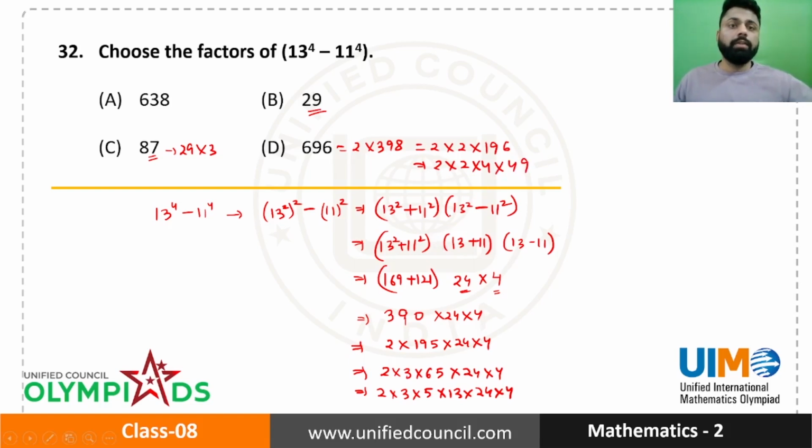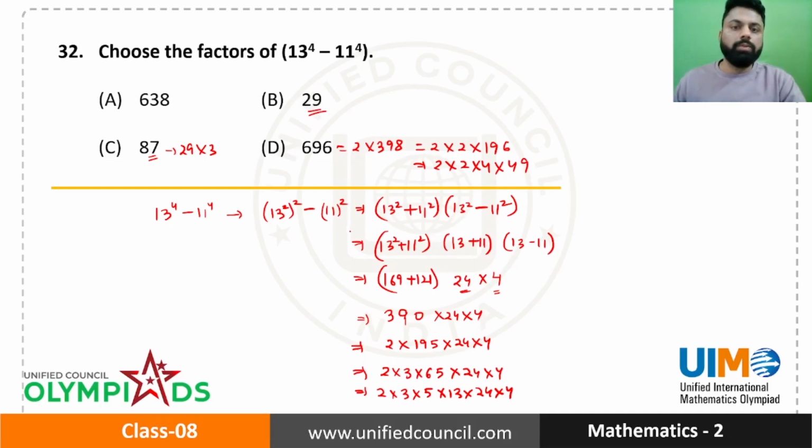So if we need to find out the factors of it, in that case, we will just find out the factorized form of all the given numbers, and then we will find out which of the following are the correct answers. So if we talk about this particular scenario, then for this question, this can be written down as 290 multiplied by 2 into 24.